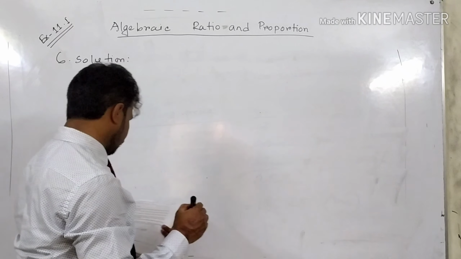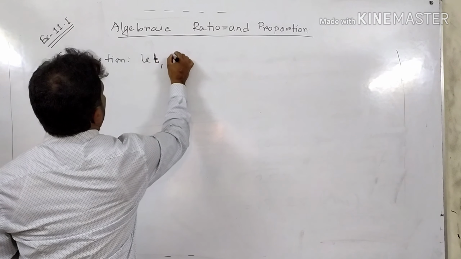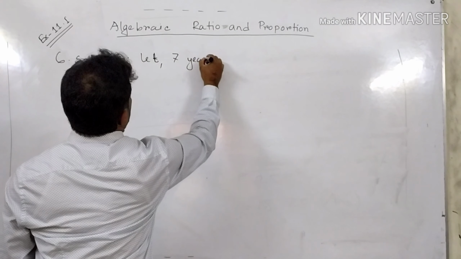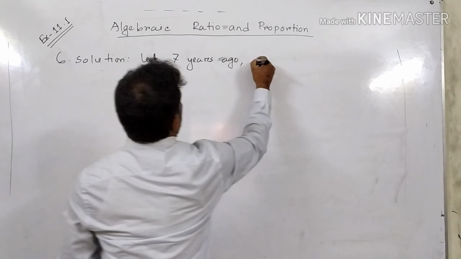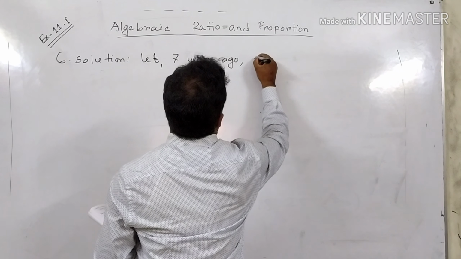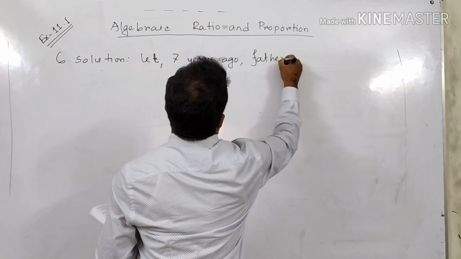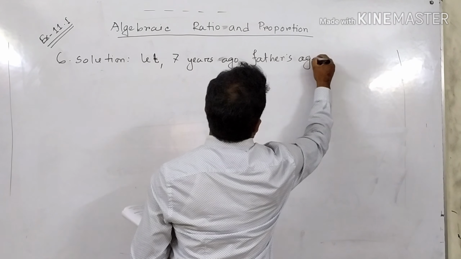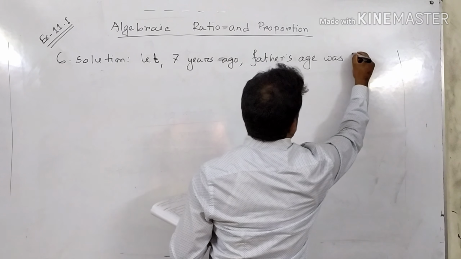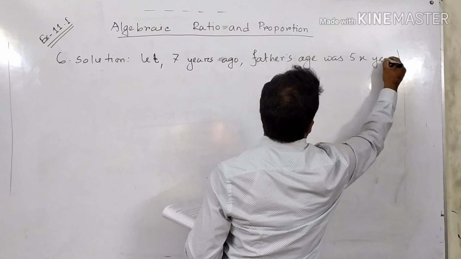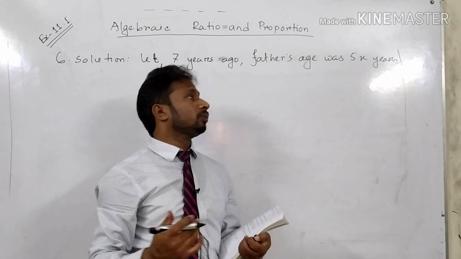So let us consider, 7 years ago father's age was 5x years, because 7 years ago their ratio was 5:2.